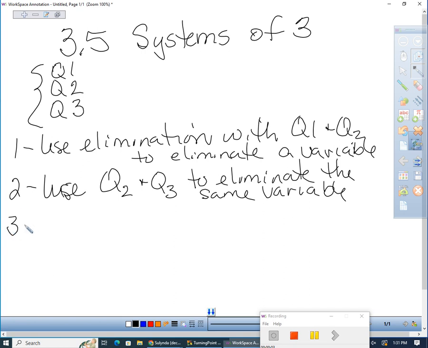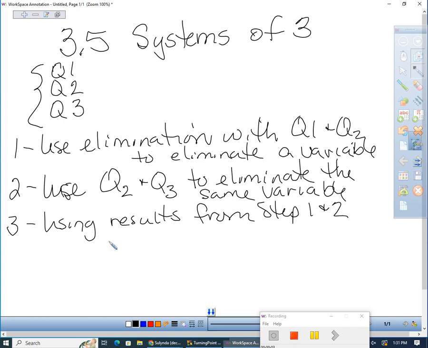Step 3, using results from step 1 and 2, eliminate a second variable.